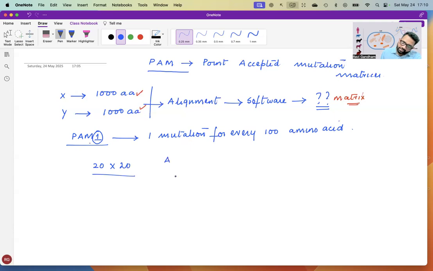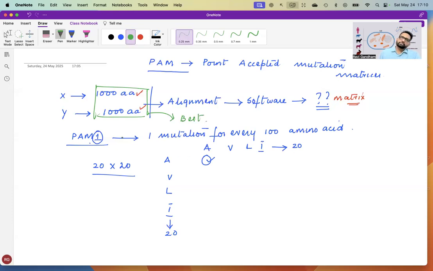Means you have alanine, valine, lysine, isoleucine, 20 amino acids this way and 20 this way. And each of the boxes needs to be scored, and based on these values, your alignment of these two will be scored to give the best possible alignment.